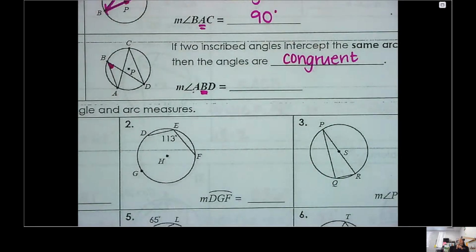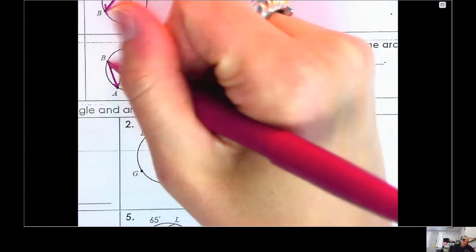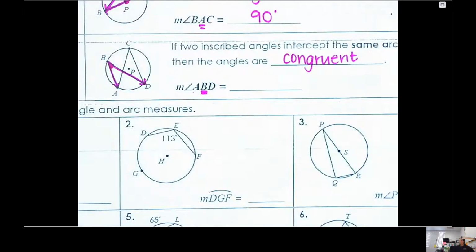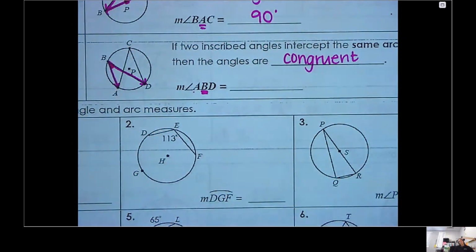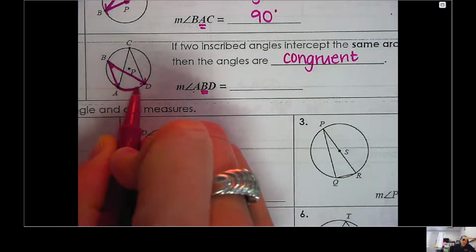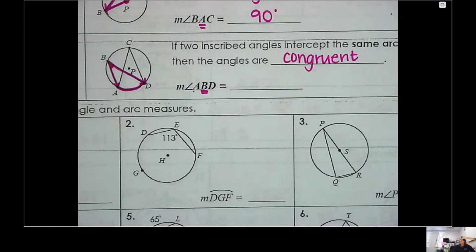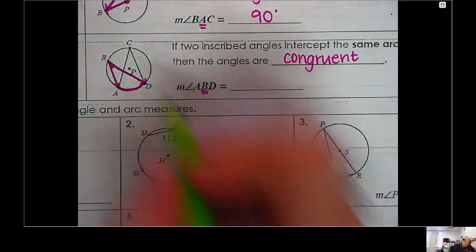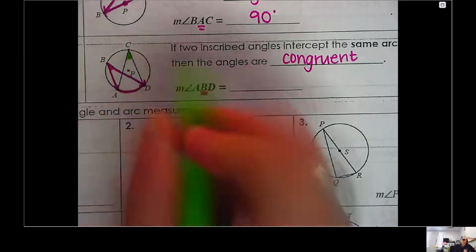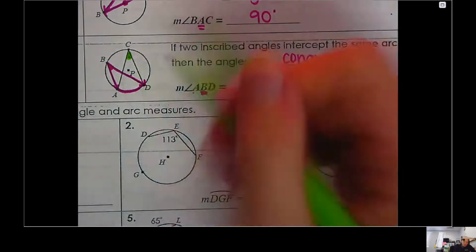If you follow the chords that make up that angle, it opens up to which two points? What does that angle open up to? AD. Yep, right here. So it opens up to this piece right here, AD. If you look at angle C, what does angle C open up to?